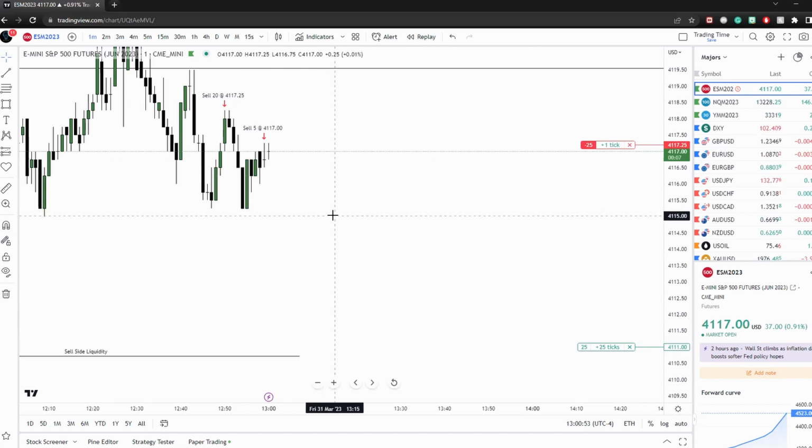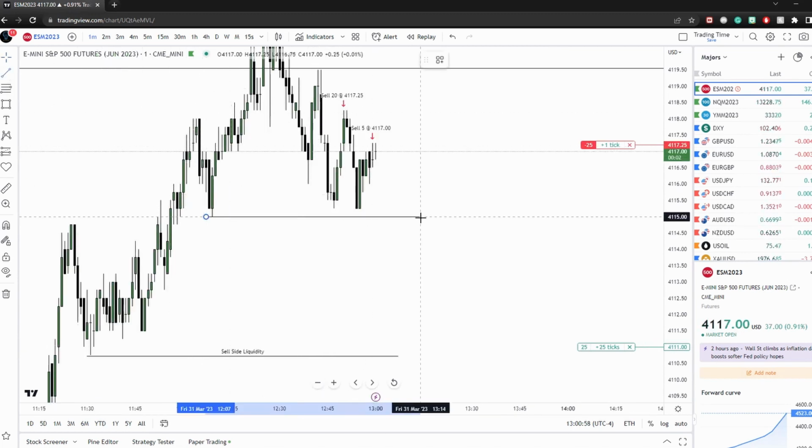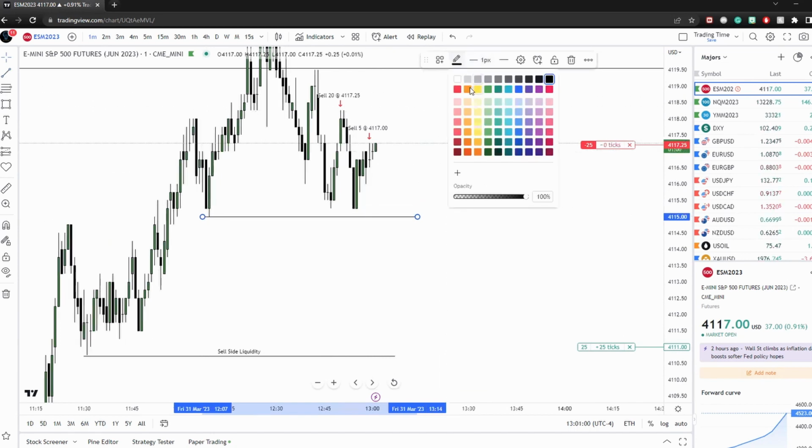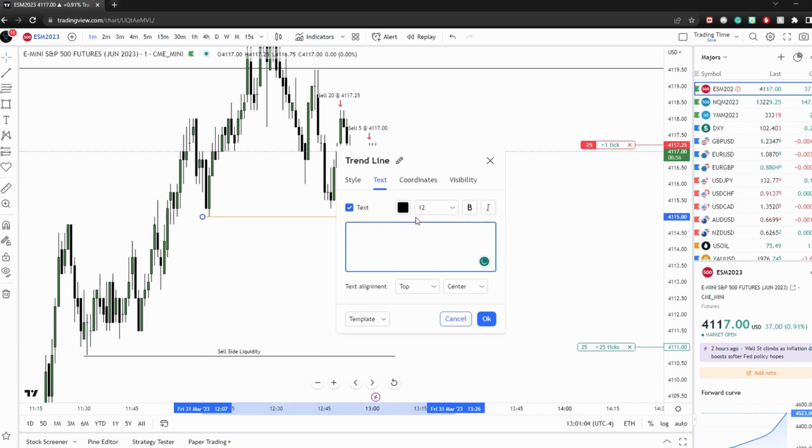Looking for price to roll over, still looking for this low first. So let's draw that out for you guys. Partials here. Partial in here.